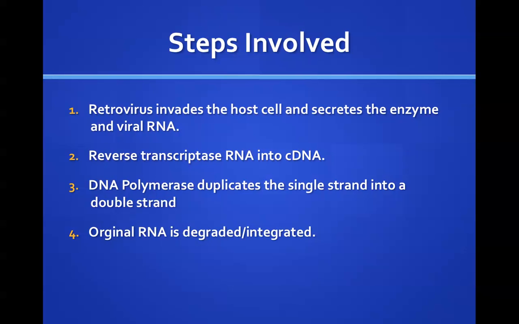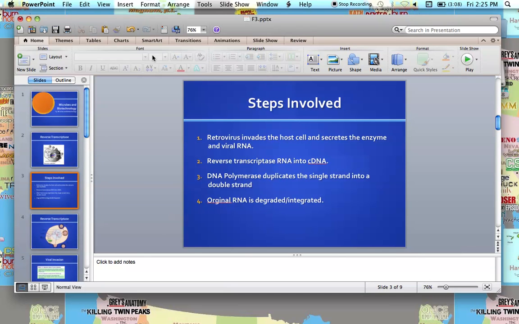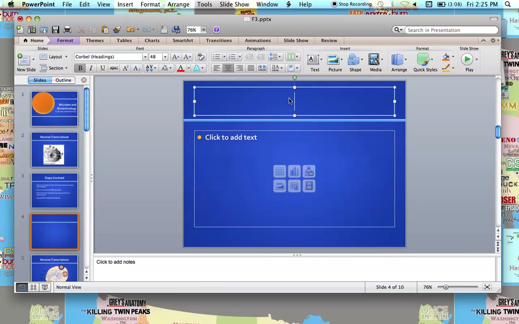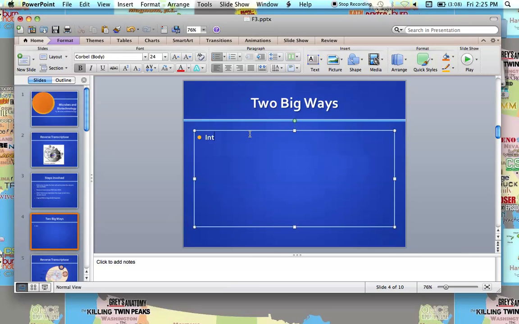But the big thing is, there are two big ways that viruses are used. Two big ways. One is changing DNA for a eukaryotic cell, or mass producing genes.